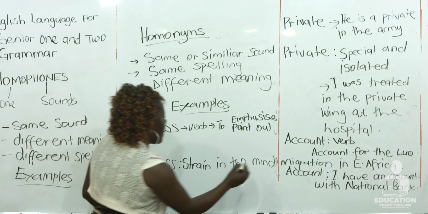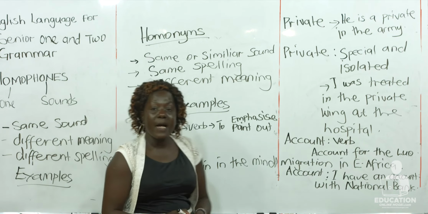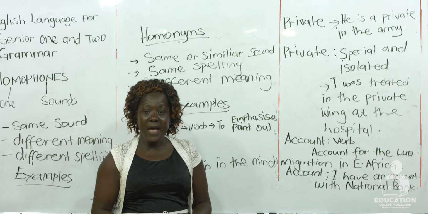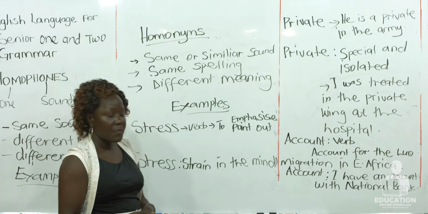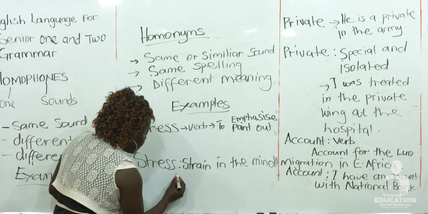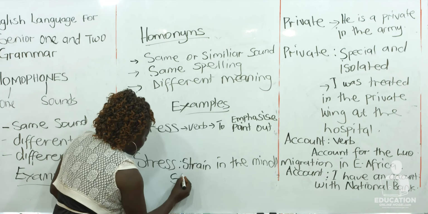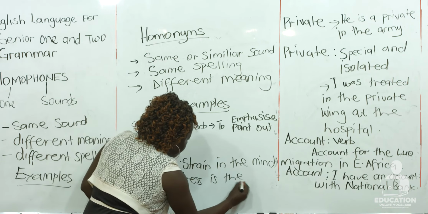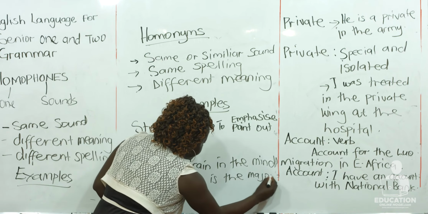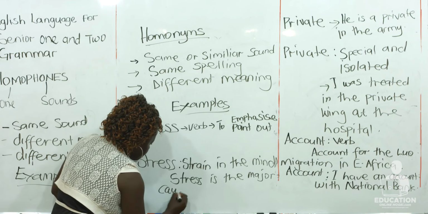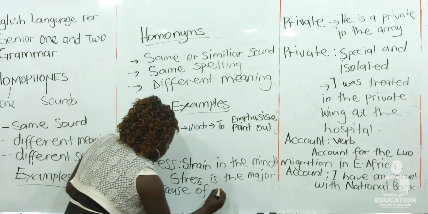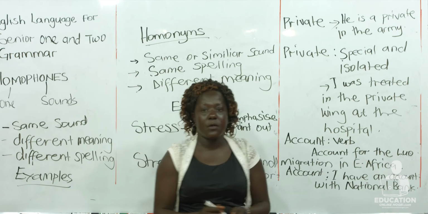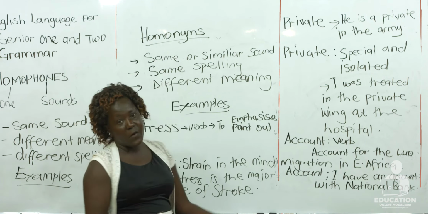Strain in the mind or mental strain. You can give an example such as, my sister died of stress. That means she was too fatigued. Stress is the major cause of stroke. Now you're using it as a noun.